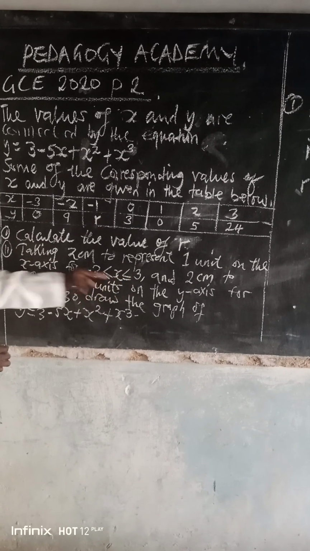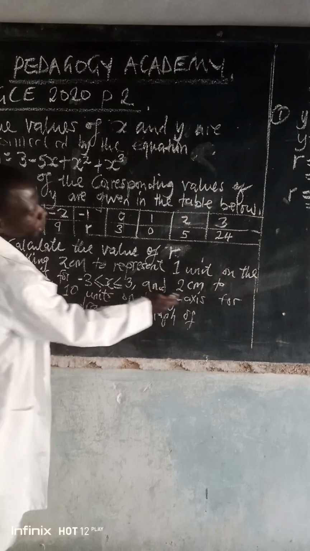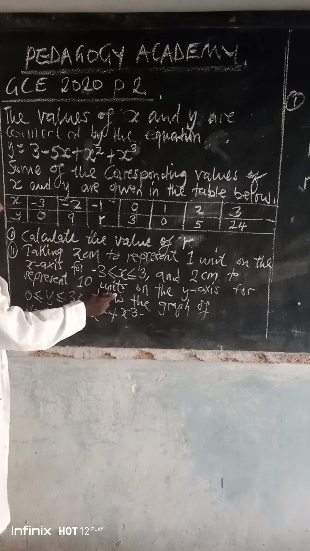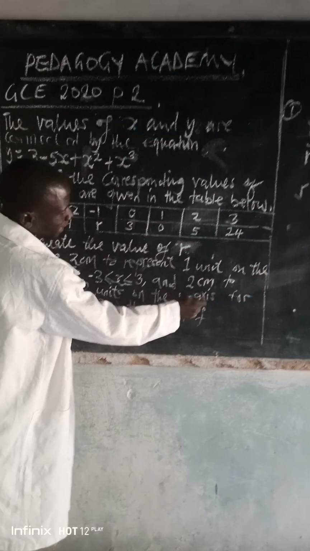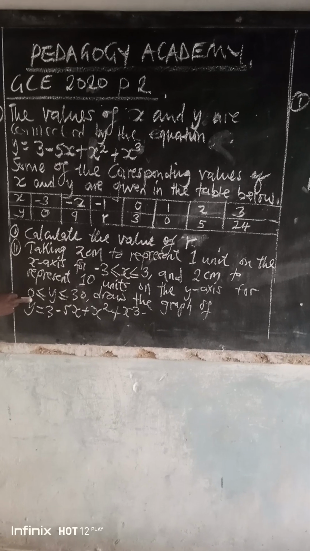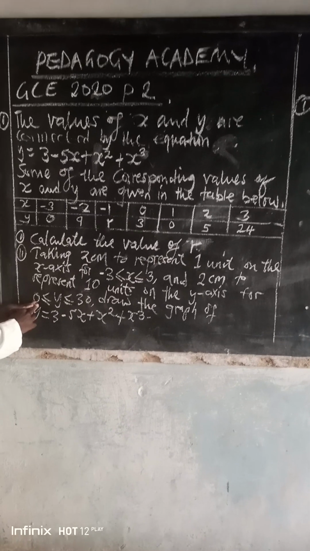That is for the x-axis. And 2 centimeters to represent 10 units on the y-axis, for the range from 0 to 30.